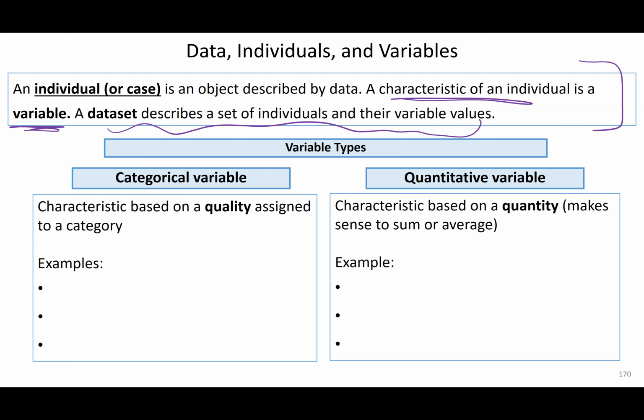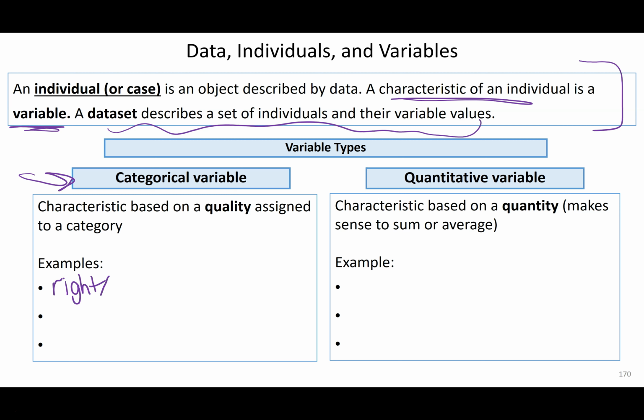There are going to be two main variable types that we look at. I hinted at them a tiny bit earlier when we were looking at discrete versus continuous random variables. First, categorical. This is where you are recording a quality that is assigned to a category. So right or left-handed, that kind of thing.